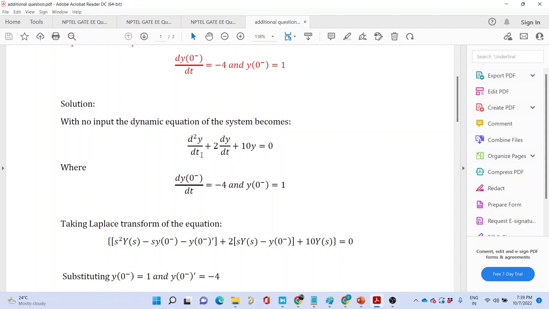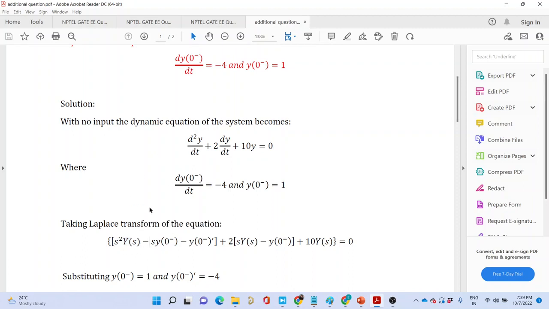So d2y/dt2, the double derivative of y(t). What is its Laplace transform, Navkirti? Sir, I forgot the formula. How can you forget all these things? These are basic things.